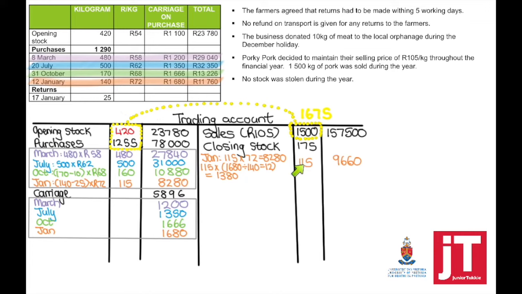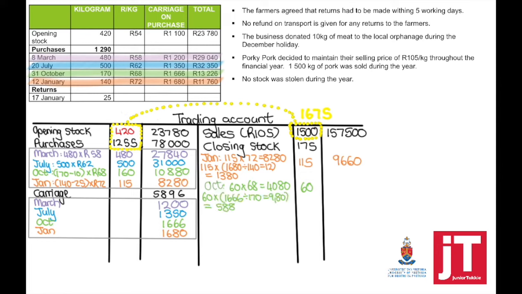Now, to look at October, 175 minus 115 means that 60 units, or kilograms, are left over from the stock which was purchased in October. So this means 60 times, what was the cost? 68. And now we still need to account for the carriage.